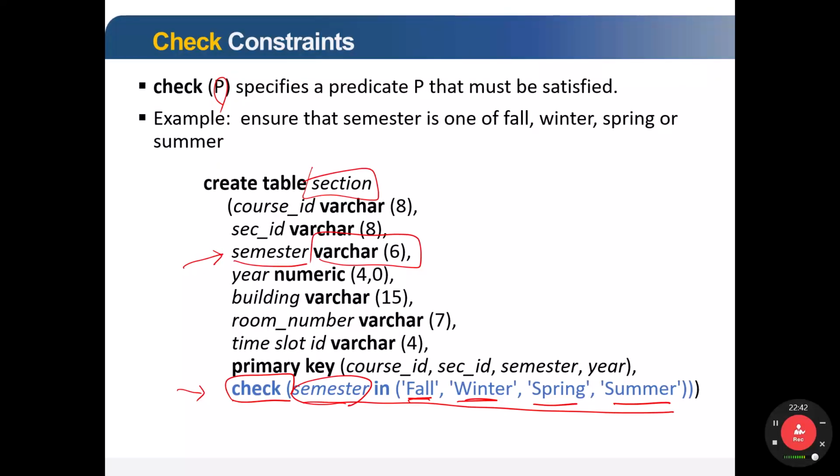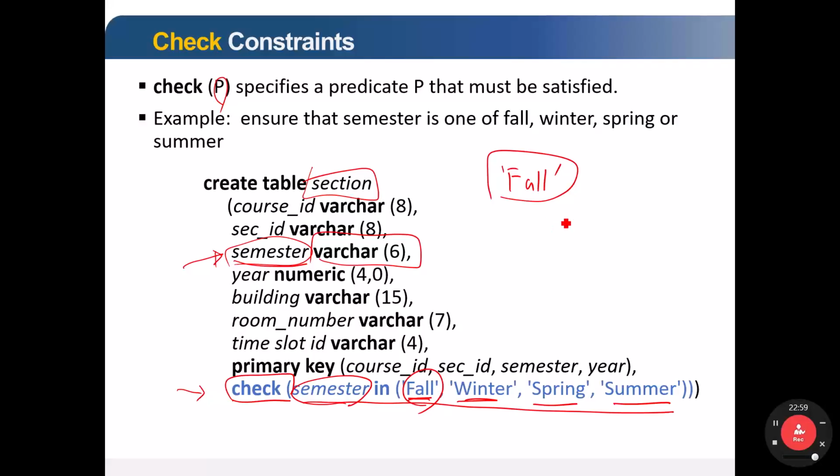So if an application tries to insert fall into this semester column of the section table, it will succeed because this string is a member of this set.